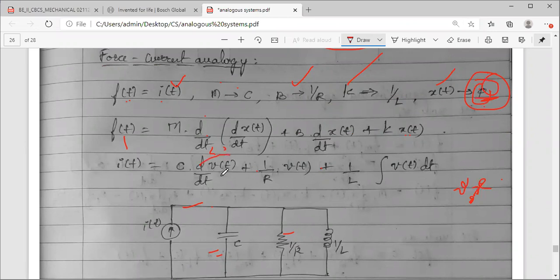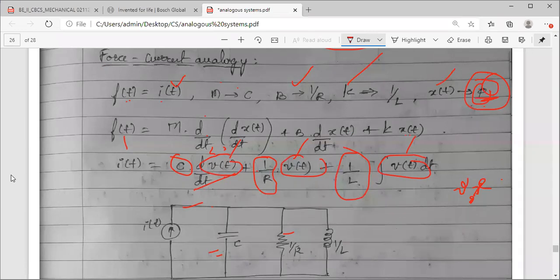Now compare. V of t is common in all the three elements, right? Voltage is same in all the three elements. First element is capacitor, second element is reciprocal of the resistance, third element is reciprocal of the inductance. If you observe in all the three elements, these equations, V of t is common. So when V is the same, when you have a parallel network, so across the parallel connection, voltage remains the same.